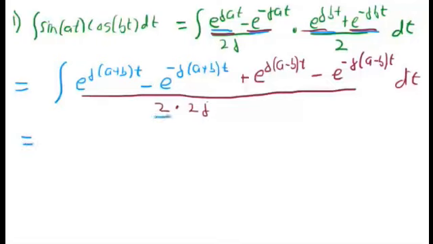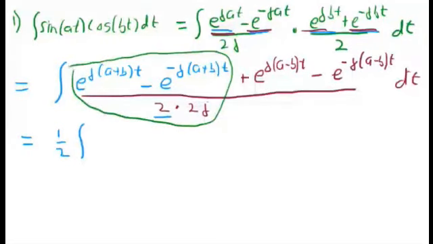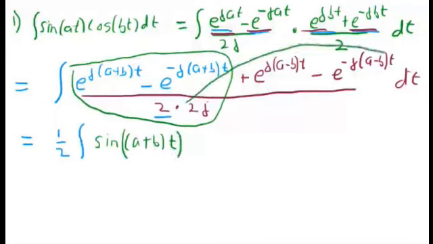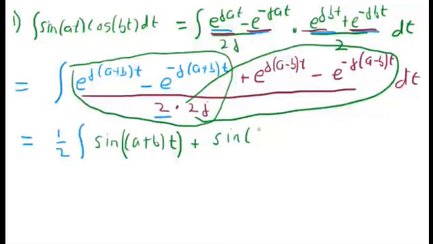I'm going to take this 1/2 right there and put it in front of my integral. Now, this term right here is just our formula for sine of a plus bt. And this term here is just the formula for sine of a minus bt dt.